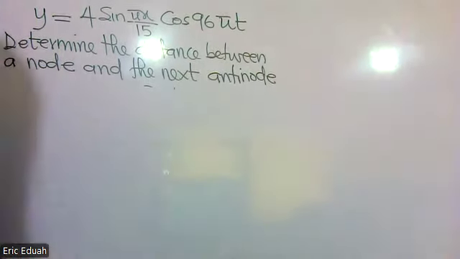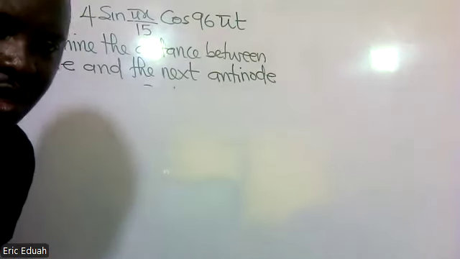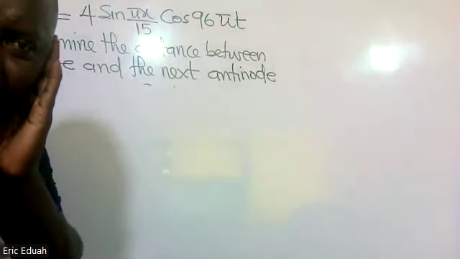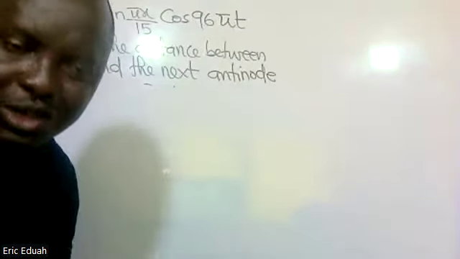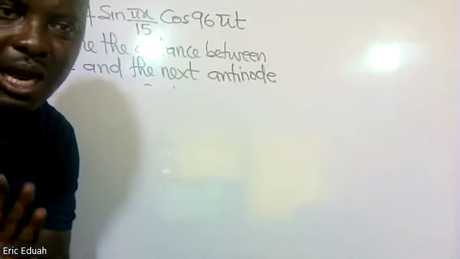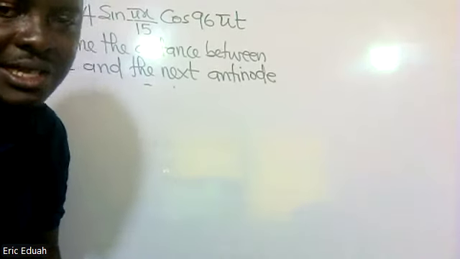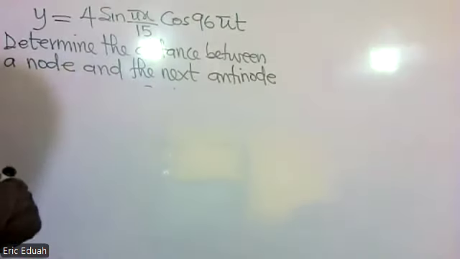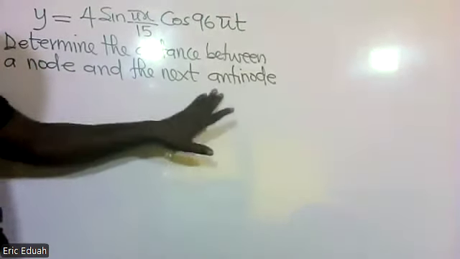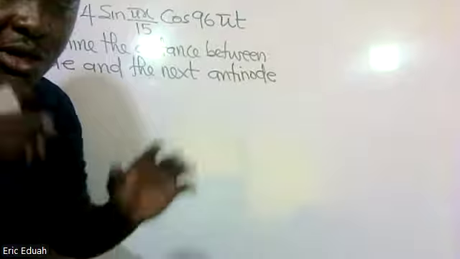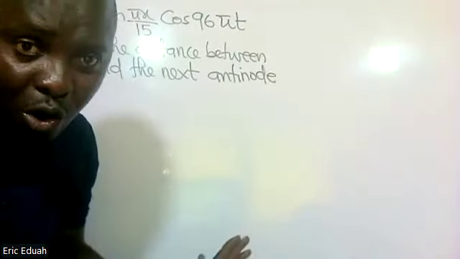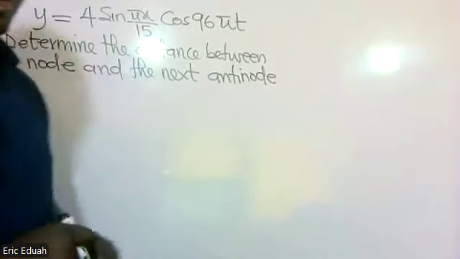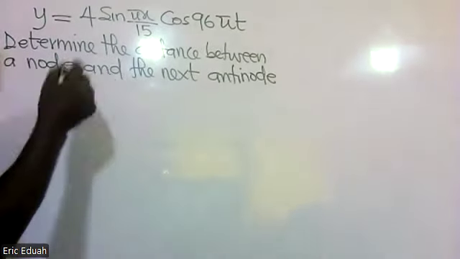Even if I don't remember which one is odd and which one is even, I can still derive it here. So I'm going to solve it without knowing which is odd and which is even.